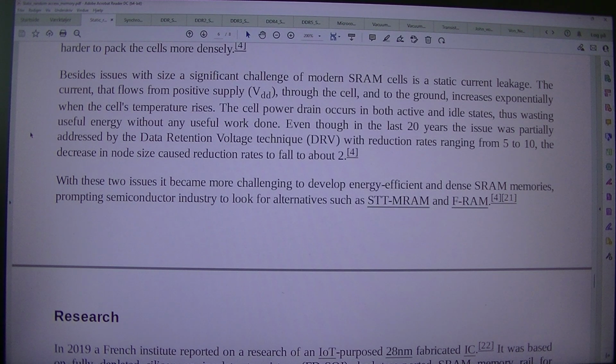Even though in the last 20 years the issue was partially addressed by the data retention voltage technique, DRV, with reduction rates ranging from 5 to 10, the decrease in node size caused reduction rates to fall to about 2.4. With these two issues, it became more challenging to develop energy-efficient and dense SRAM memories, prompting the semiconductor industry to look for alternatives such as STT-RAM and FRAM.